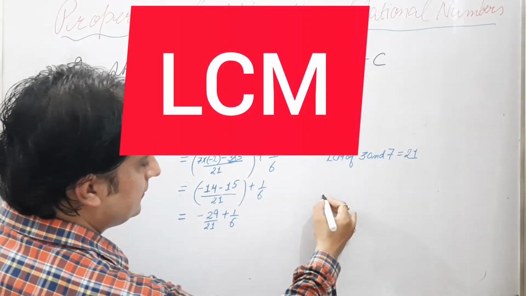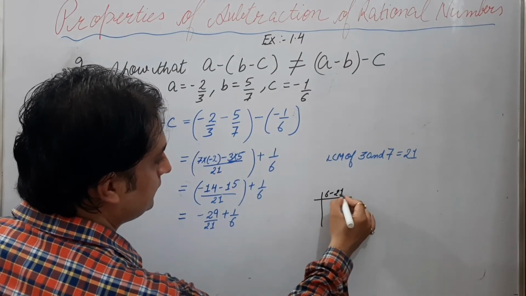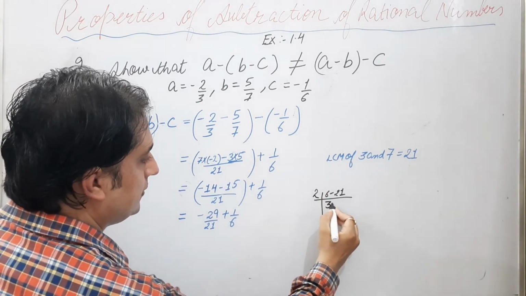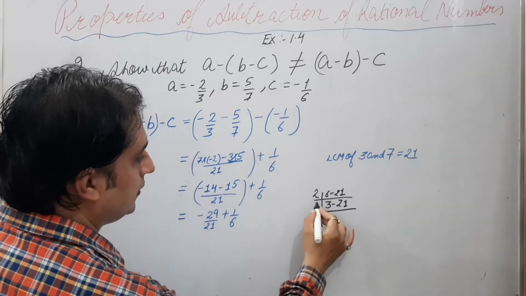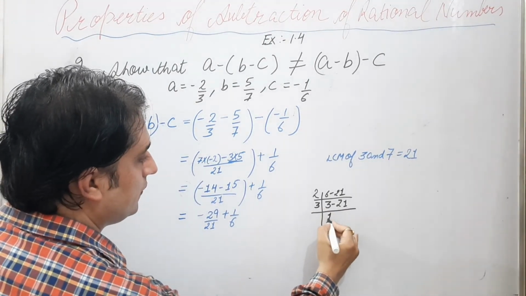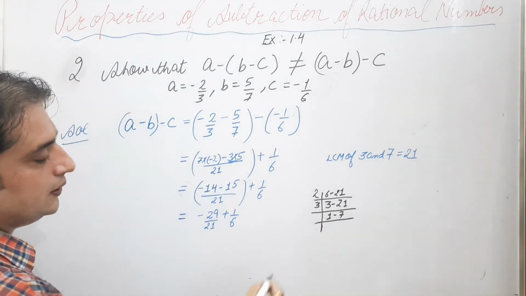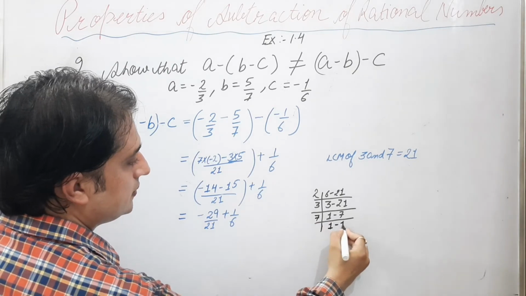21 and 6, so 21 and 6 LCM. Starting with 2. 2 3s are 6, 2 21 as it is. Now 3 1s are 3, 7 3s are 21. Right? Again as last prime number 7. 7 1s are 7.